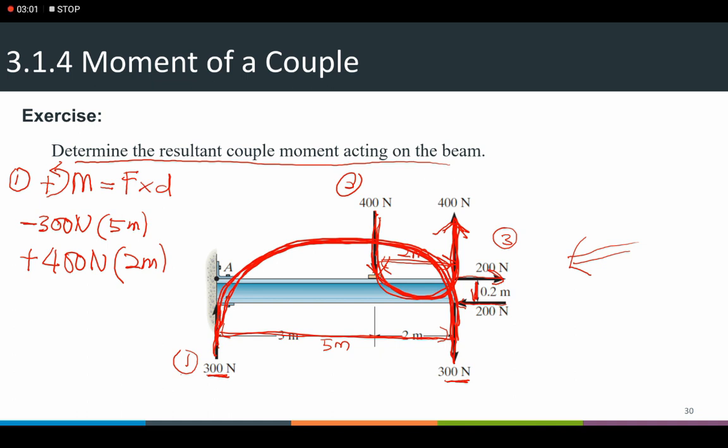And last, look at 200 Newton here. This direction is clockwise. So clockwise is negative 200 Newton multiplied by 0.2 meter. And then you can get the answer in Newton meter.